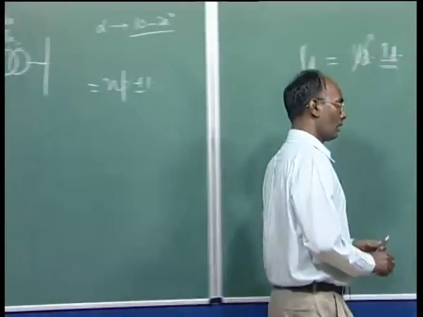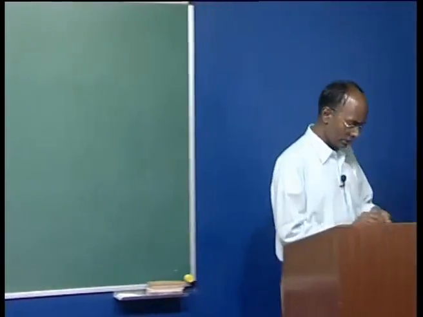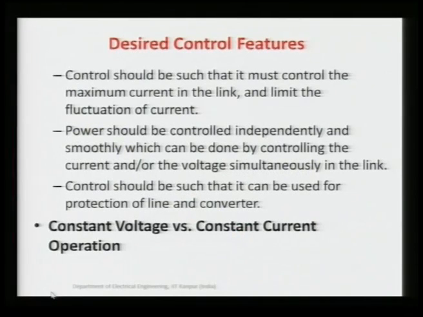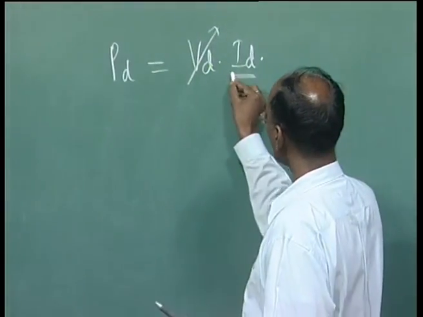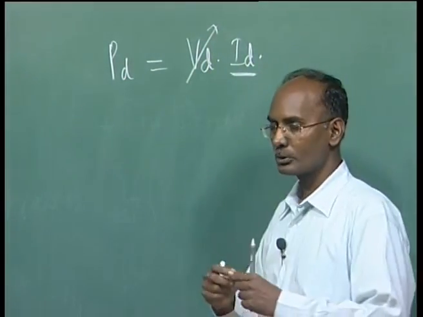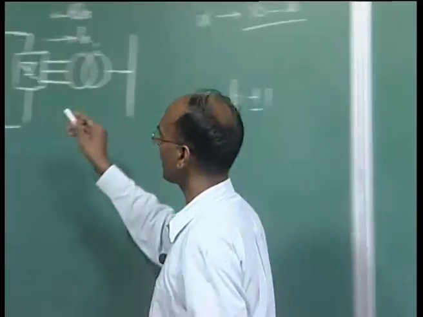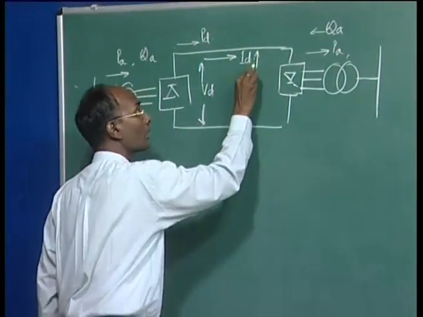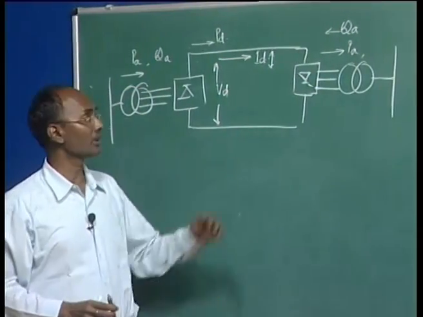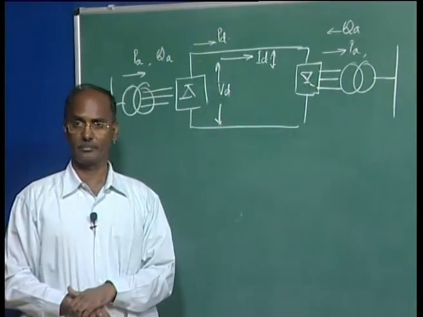Now some more features. The control should be such that it must control the maximum current in the link and limit the fluctuation of current. If current fluctuates in this link, the controller may oscillate.